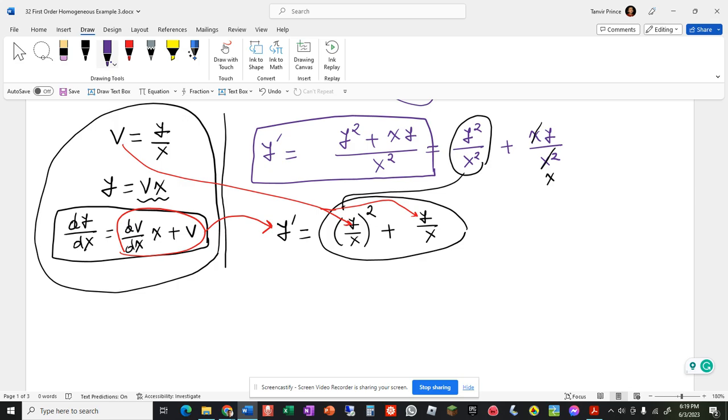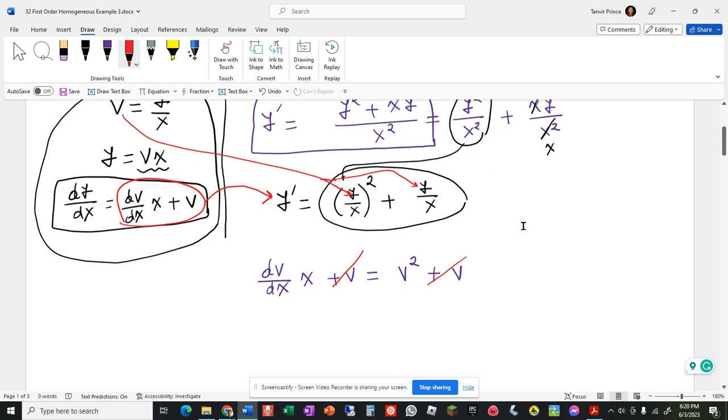I end up with, in place of y prime, dv dx times x plus v equal to, in place of y over x, I substitute v. So v square plus v. I can cancel v from both sides, make things very easy.